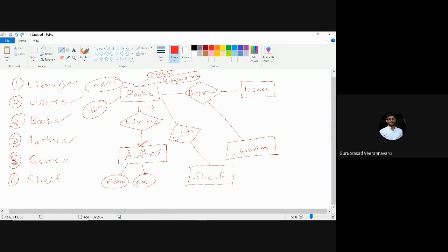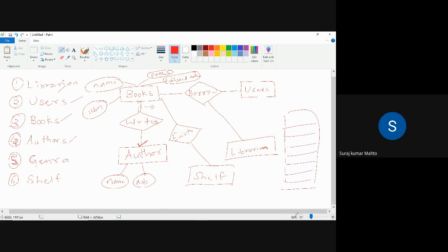But it will not be a many to many mapping. A book will always be on some shelf, right? So many books can be on one shelf. One shelf is a big rack, right?